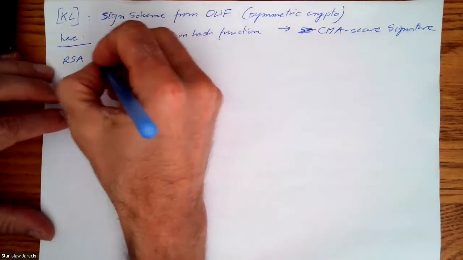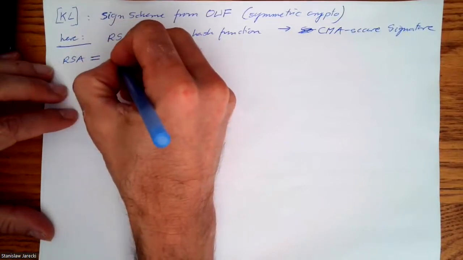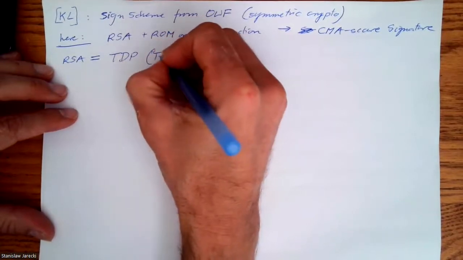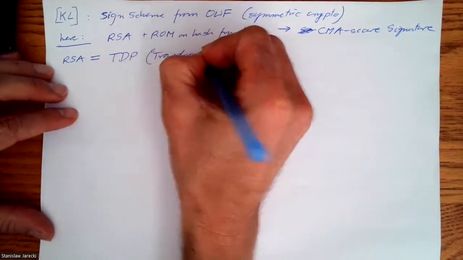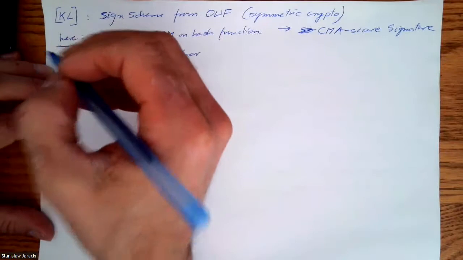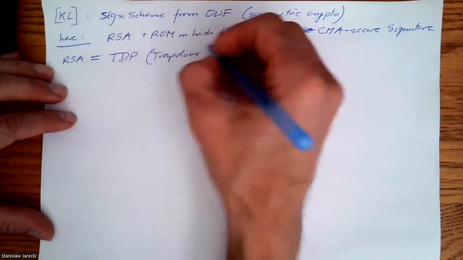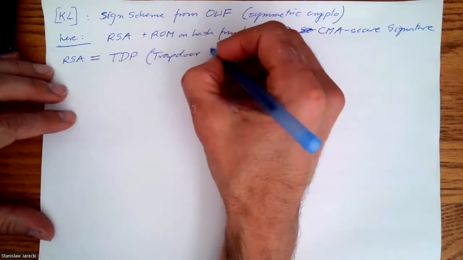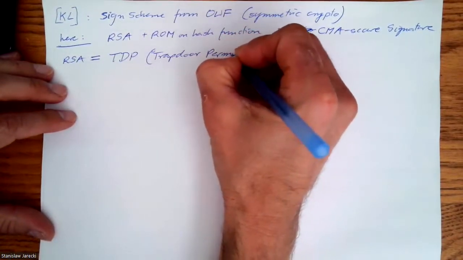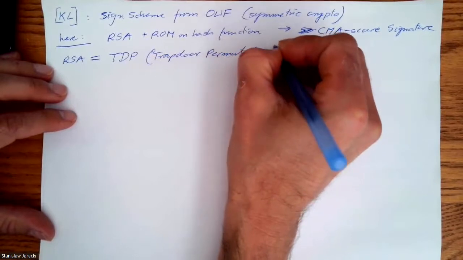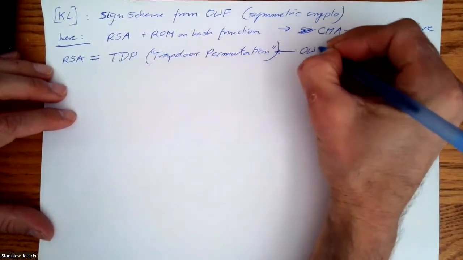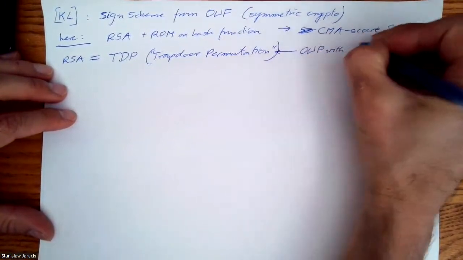RSA is really something called a trapdoor permutation. I introduced RSA as an encryption, but really it's something more fundamental called a trapdoor permutation. And what's a trapdoor permutation? This is like a one-way permutation, but with a trapdoor.